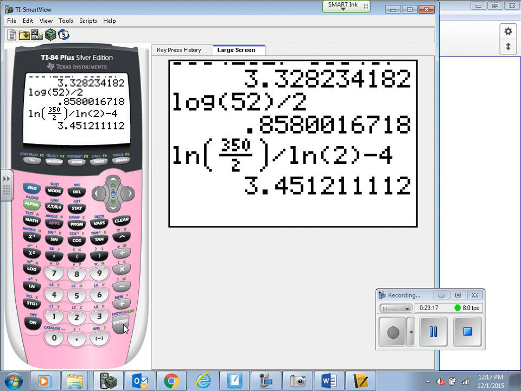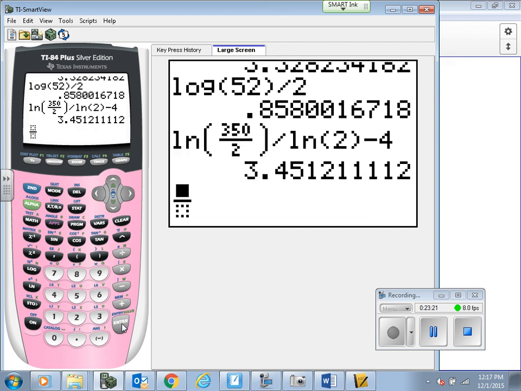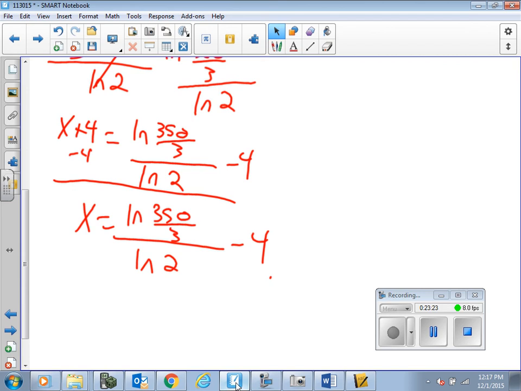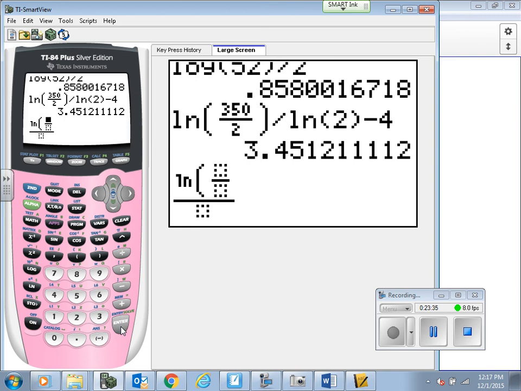Let me just make sure, I'm going to put it like a fraction. On the top, I need natural log of 350 divided by 3. So I'm going to do natural log, but then I'm going to have to do my fraction again. So I'm going to have 350 divided by 3.